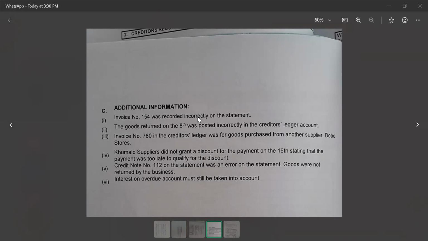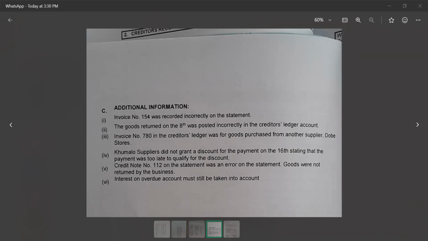Because remember what is happening in 2.1. You are reconciling the account of Kumalo in the creditor's ledger. When you do the creditor's reconciliation, you would have two columns. Are we together, young men? Yes. I want to explain why those two columns are there.